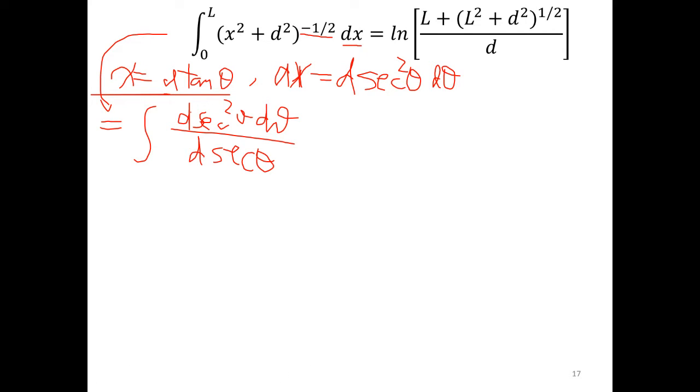And don't forget to change the lower and upper limits. When you substitute x equals 0, we have theta equals 0, because arctangent 0 is 0.